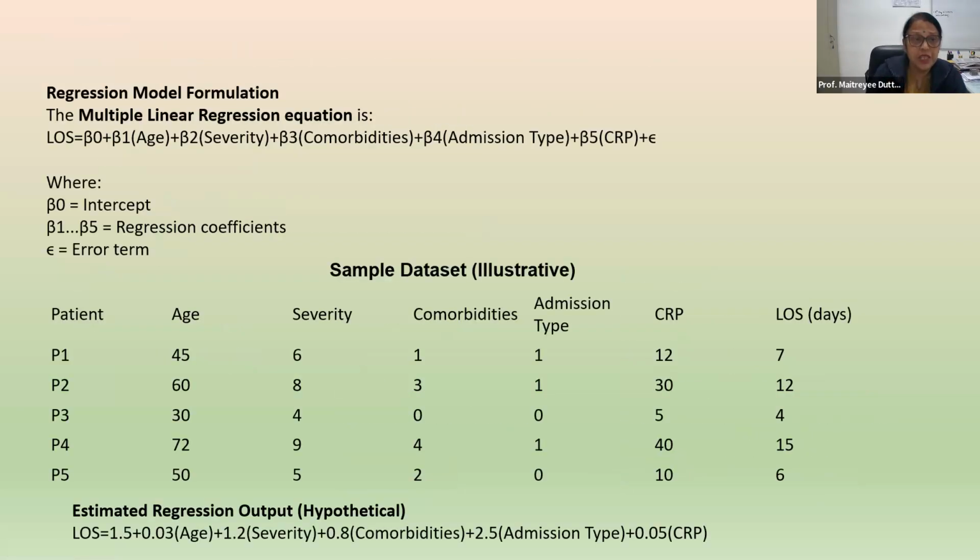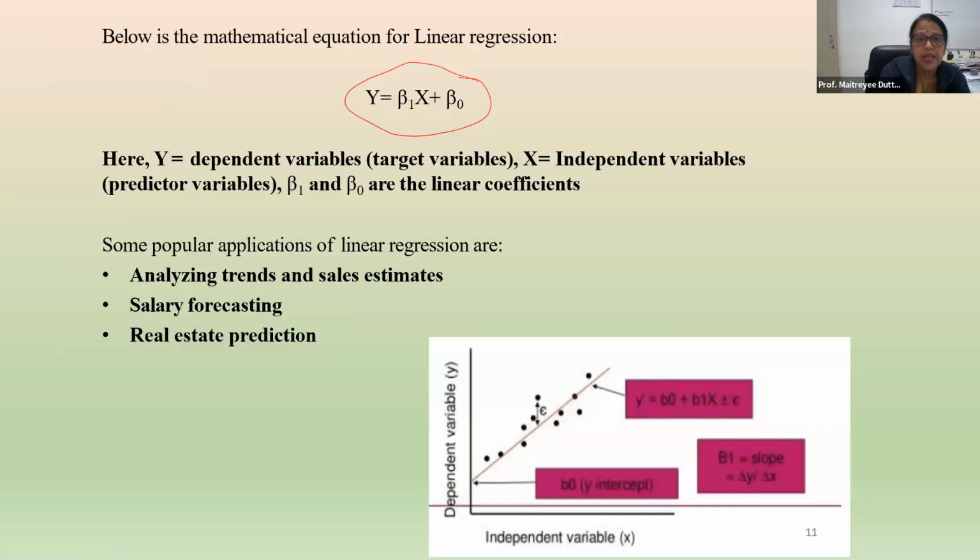So our regression is LOS equal to, I have told you what the calculations and functions were, that is beta 1x plus beta naught. And here we have more than one variable. So our regression model will be beta naught plus beta 1x1, beta 2x2, beta 3x3, beta 4x4. The number of variables we are using, the number of x also will be increasing.